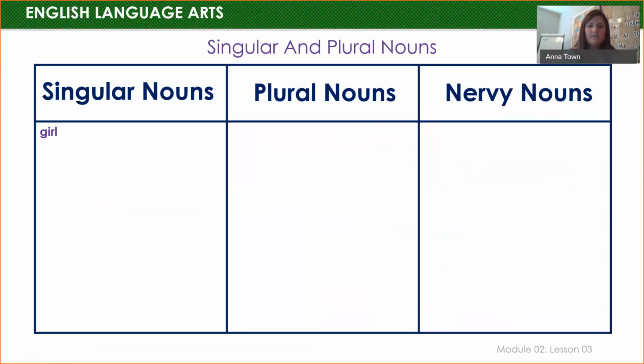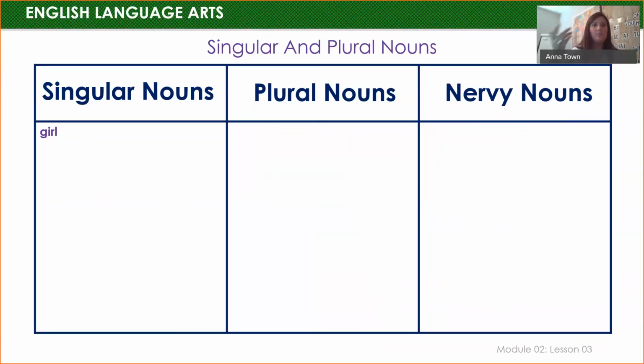Okay, boys and girls, so what we're going to do now is we're going to talk about some singular nouns, plural nouns, and we're not going to talk about nervy nouns. So we're going to ignore that category and we're going to focus on singular nouns and plural nouns. So a singular noun is just one person, place, thing, or animal. A plural noun is multiple, so one or more.